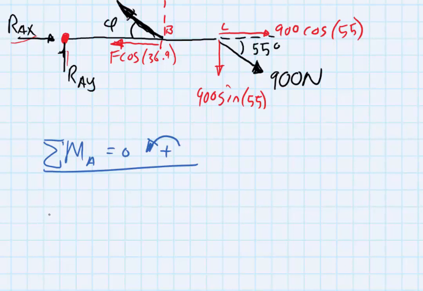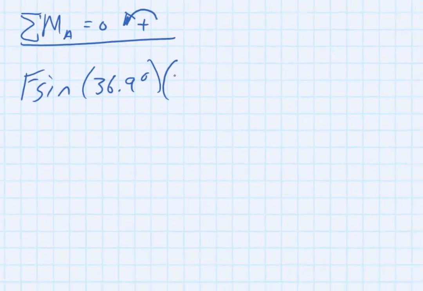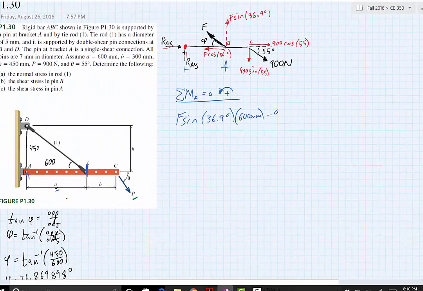So every force in the counterclockwise direction, which is F sine of 36.9 degrees, times 600 millimeters, minus 900 sine 55 multiplied by the moment arm, which is A plus B, 600 plus 300, so 900, and that equals 0.